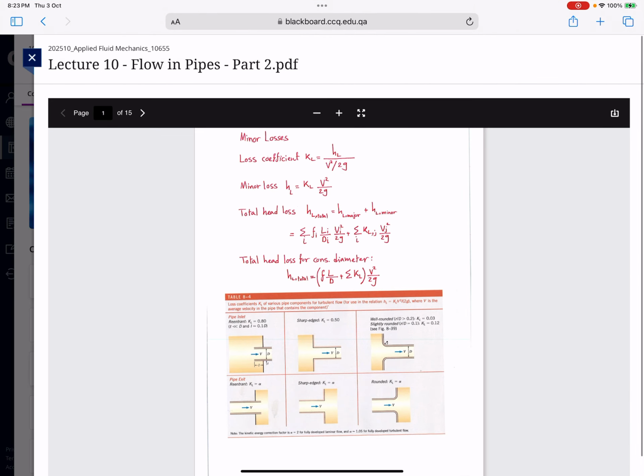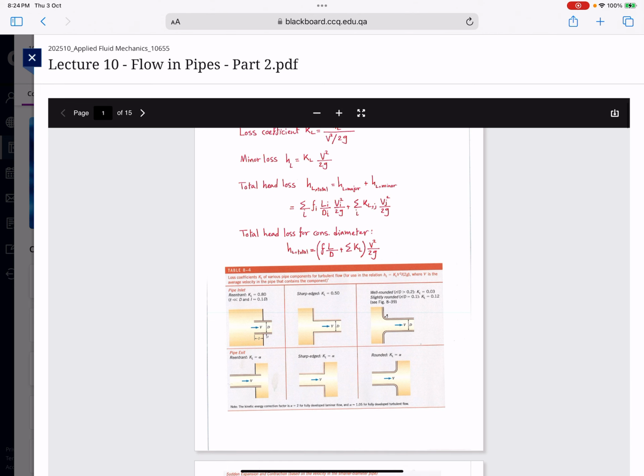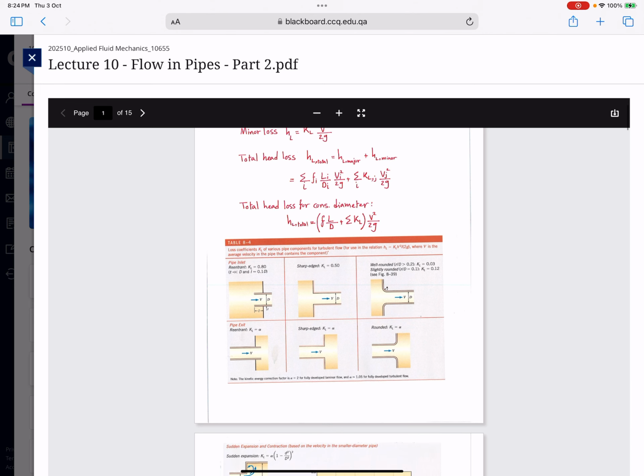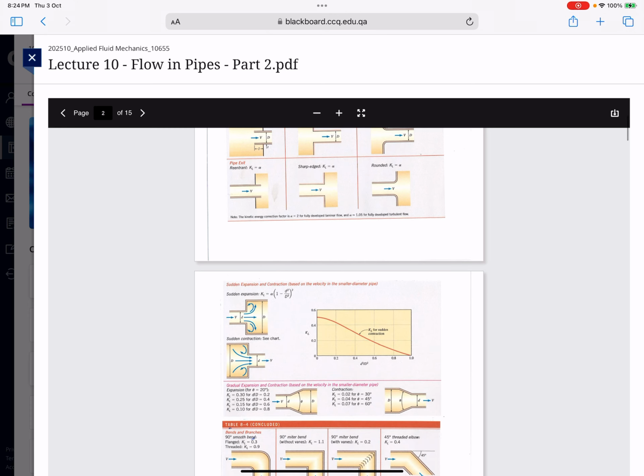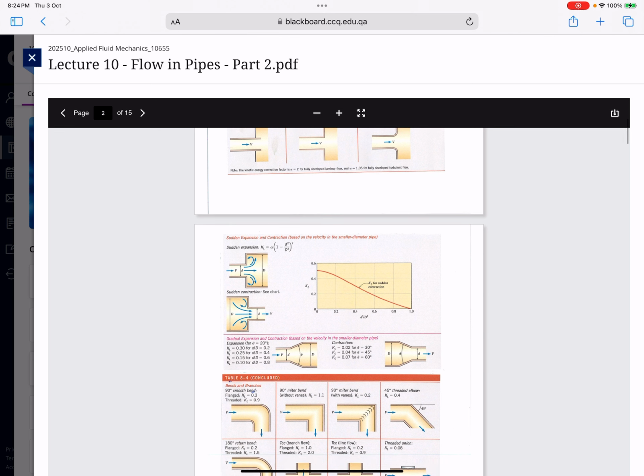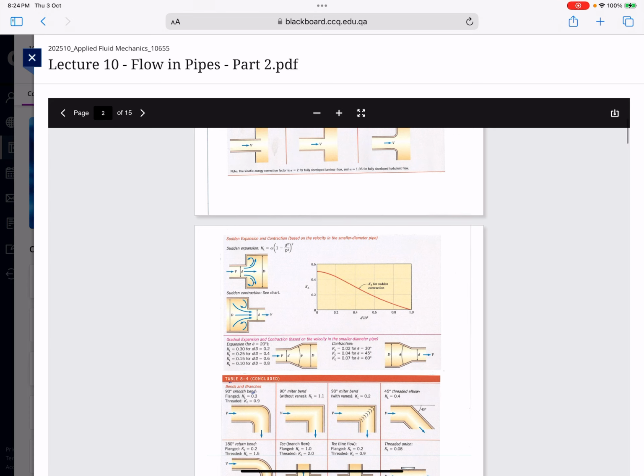In this table, as you can see, we have expansion for 20 degrees.